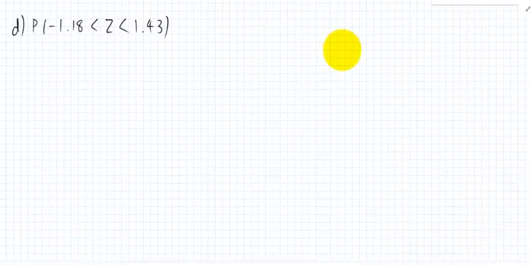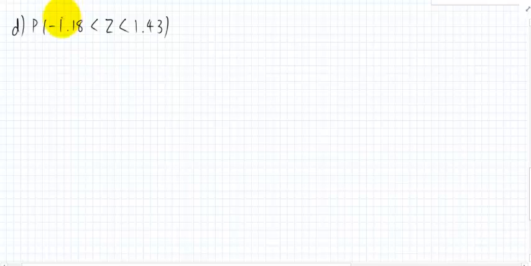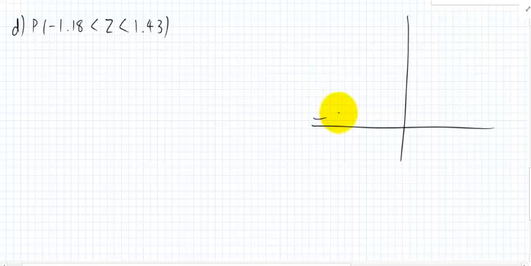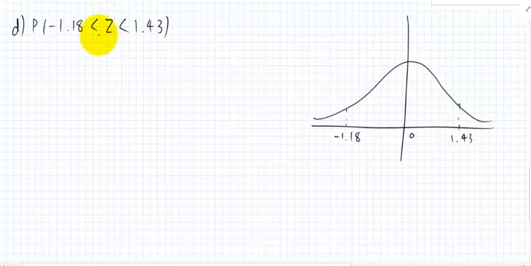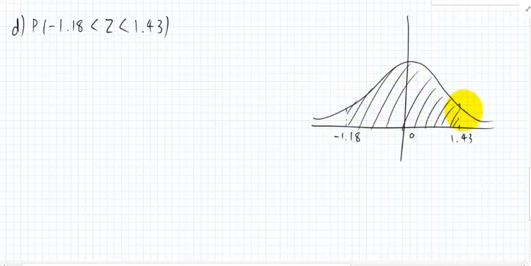Last question. Probability of z being bigger than minus 1.18 but less than 1.43. Let's first sketch the graph. So it is 0, and minus 1.18 is going to be to the left, and 1.43 is to the right, and they want the z value between these two, so we want to work out the area between these two values.